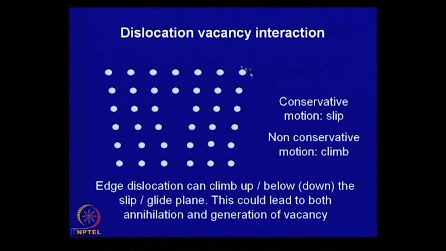If one vacancy from the rest of the part comes here, the vacancy in the rest of the part decreases. Similarly, if the dislocation climbs down, it can generate vacancies. So, an edge dislocation can act both as a source and a sink for vacancies.